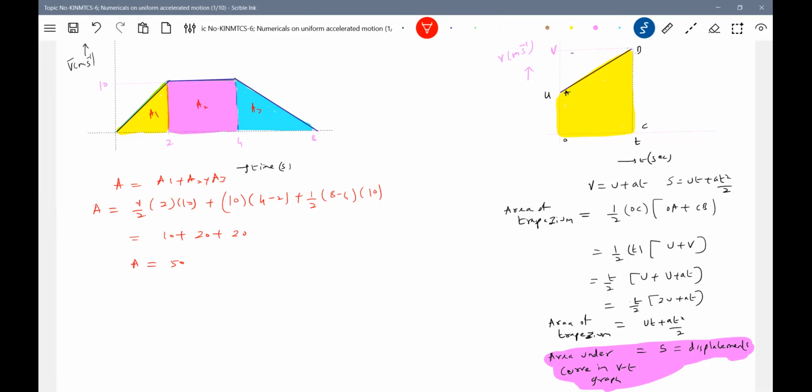So this should be equal to the total displacement. Total displacement S bar is equal to how much? A bar, which is 50 meter i cap. If you know total displacement, can you calculate average velocity?